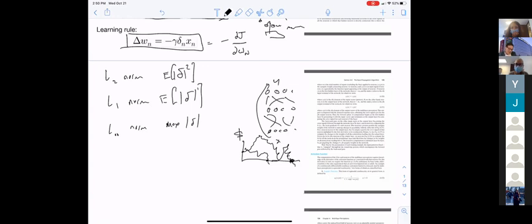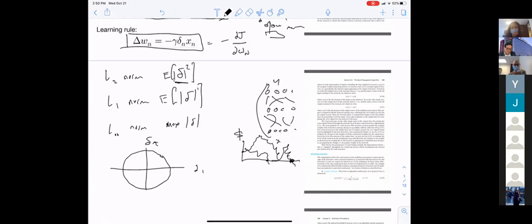If you want to think about this in a different way, let's suppose you look at what these norms look like when delta is, say, two-dimensional. So here's delta 1, delta 2. The L2 norm looks at the expected value of the square, so the constant surface values of that are going to look like circles.